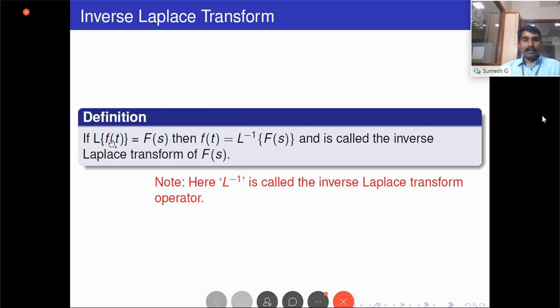So here L of f of t is denoted by capital F of s, then L raised to minus 1 of F of s equal to f of t, and is called the inverse Laplace transform of F of s. And in this case, L raised to minus 1 is called the inverse Laplace transform operator.